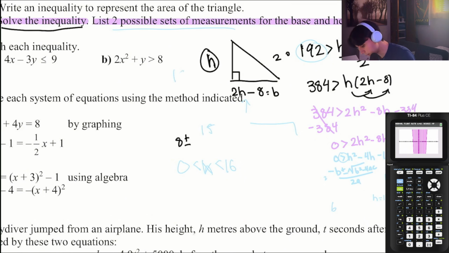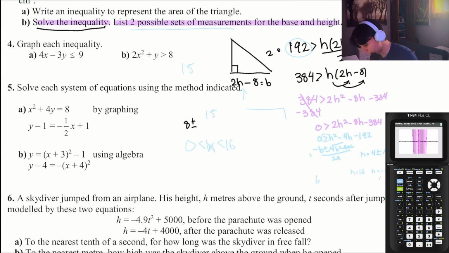So our height is 15. And our base, remember, it's 2 times height minus 8. If our height is 15, we have 2 times 15 minus 8 as our base. What is that? 2 times 15 minus 8 gives us 22.